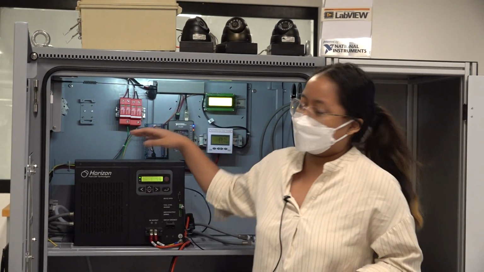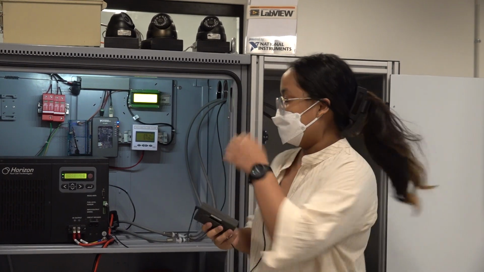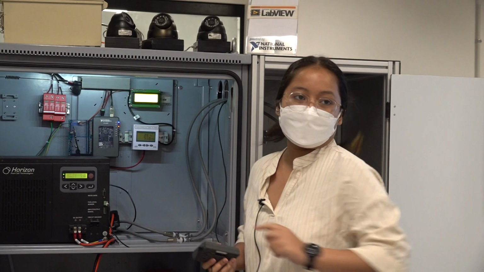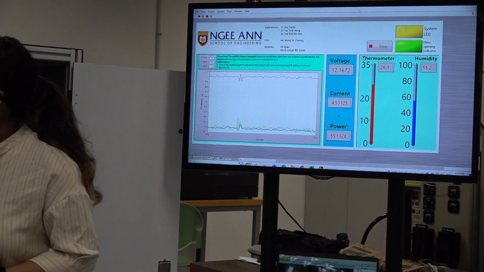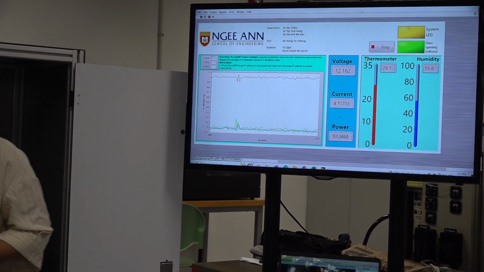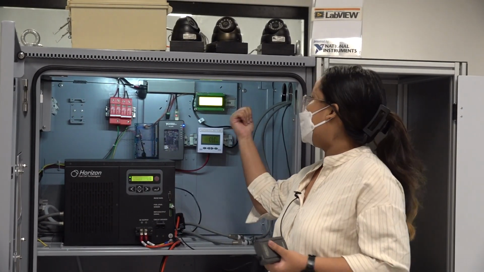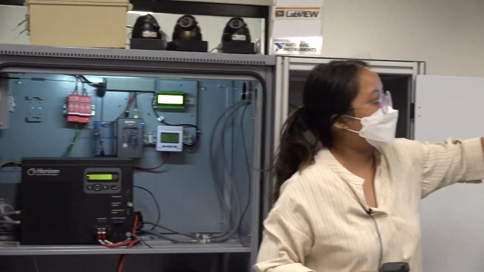For the Hall effect sensor, I just bought it online, rated at 10 amps. Both are connected to the myRIO to get the data over here. But only our voltage sensor is connected to the MCB, and then it's connected back to the battery. And we also have the LCD to display the voltage, the current and the power.